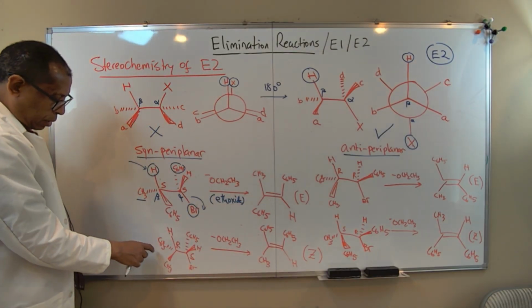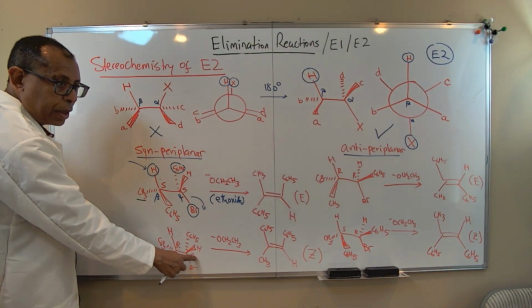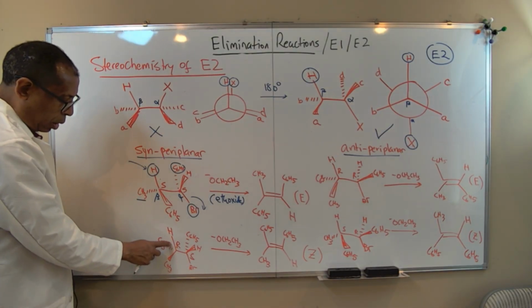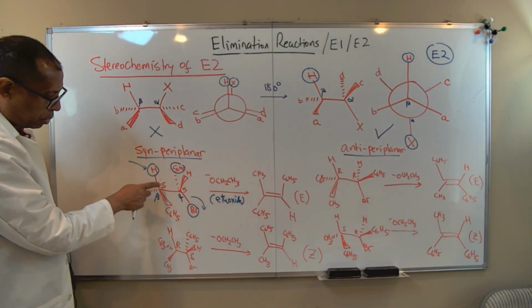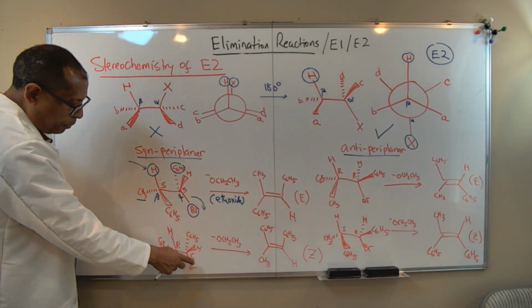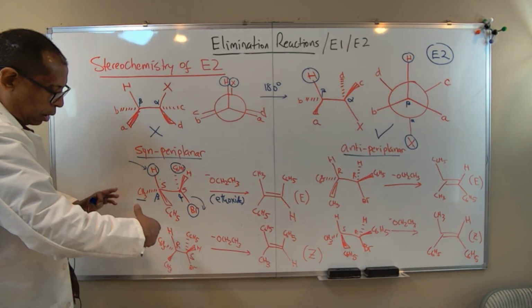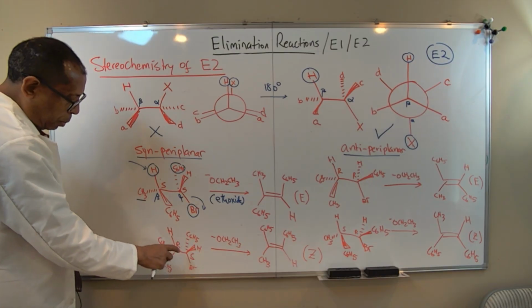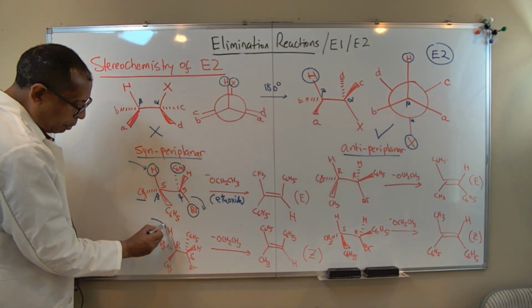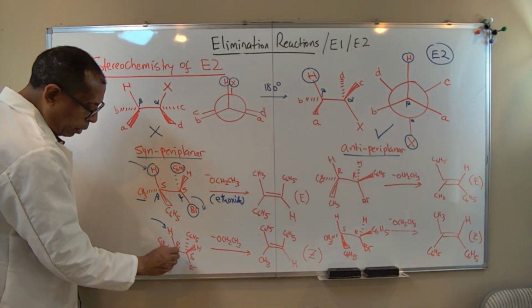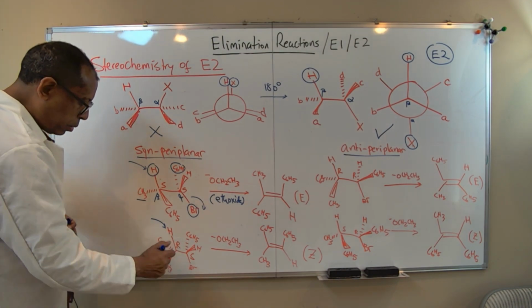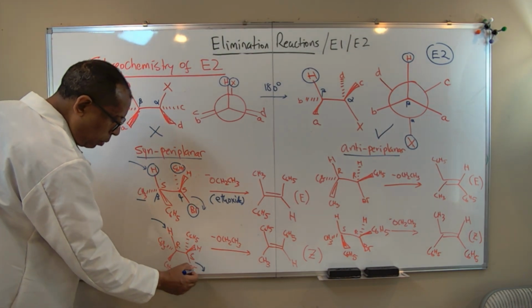And if you start from an RS configuration, when this is R, that means opposite to this one, and S, and you arrange this into antiperiplanar, the base comes in. Still you have to arrange it because it's free rotation. You lose that.